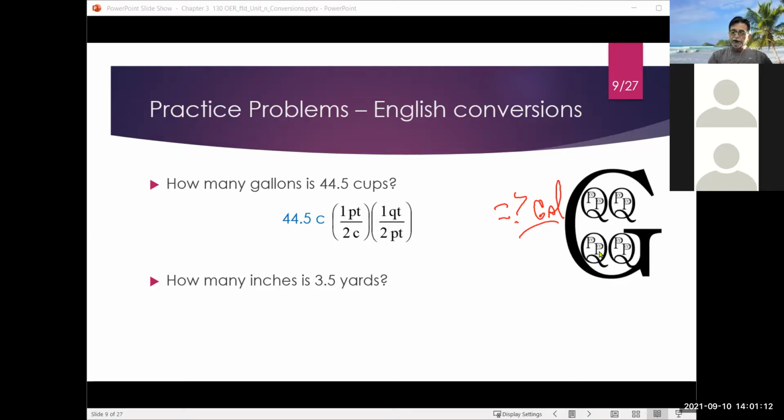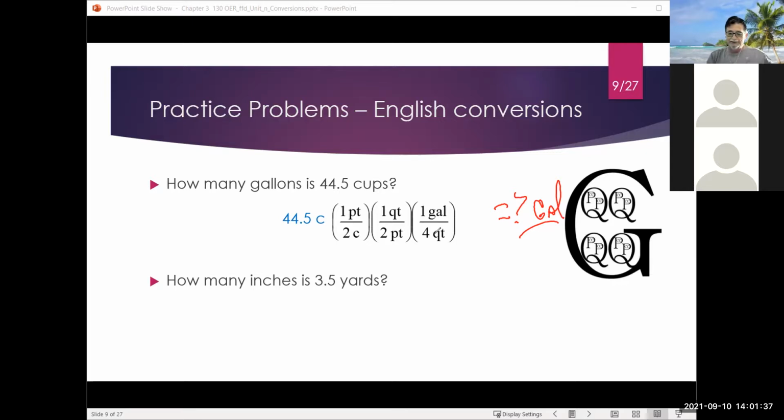So I need a factor now to get rid of pints and put me into a different unit, which in this case is quarts, because I know that 1 quart is equal to 2 pints. And then finally, a final conversion factor, which is 1 gallon is equal to 4 quarts. Yes, granted, I can combine all these. You know, how many cups in a gallon?